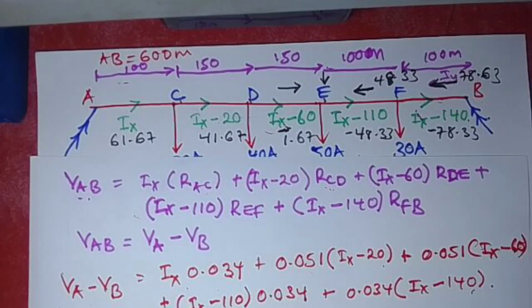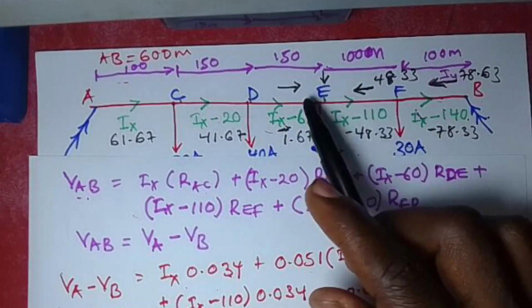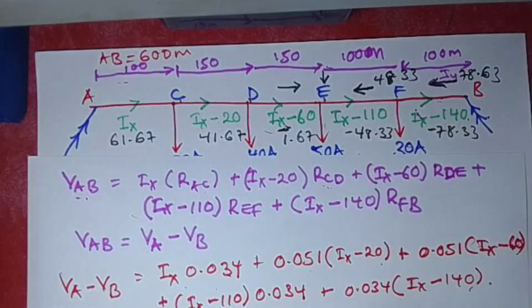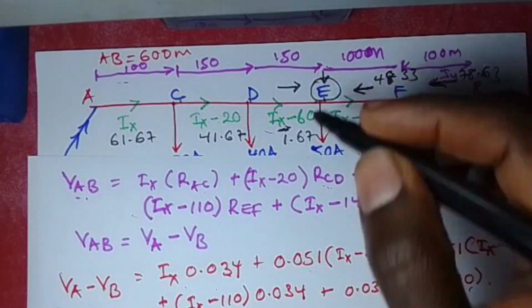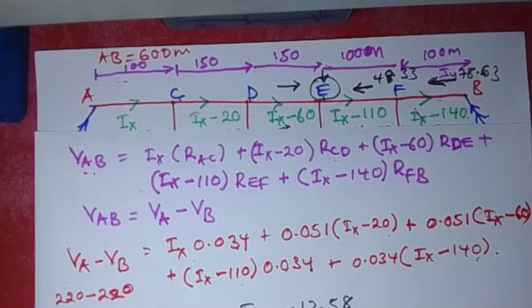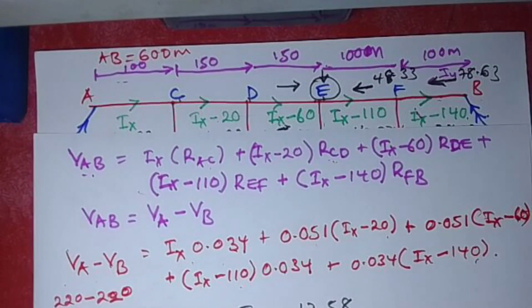Looking at that, from what I had earlier communicated, when we get a point whereby the current is changing direction, i.e. current is feeding from this side and feeding from this point, that point qualifies to be called the point where the voltage of minimum potential occurs. So our point of minimum potential is point E, and therefore the voltage at E qualifies to be what we call the minimum voltage. So from that we can calculate for the minimum voltage.